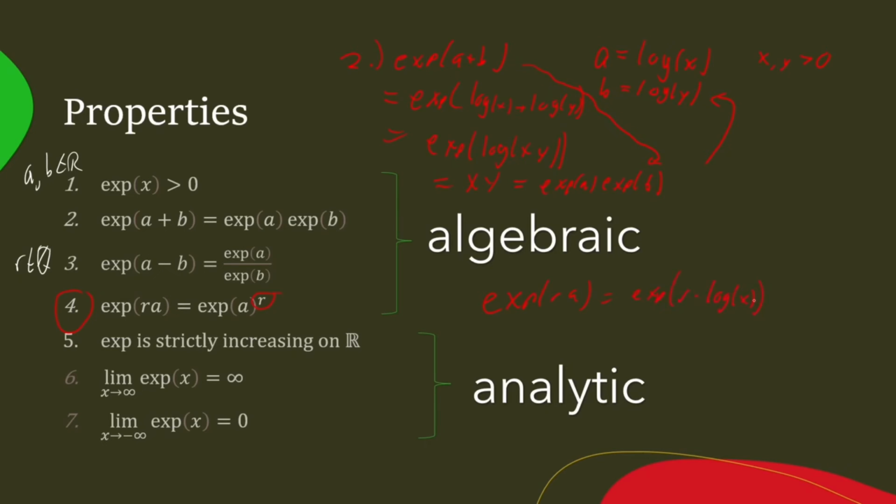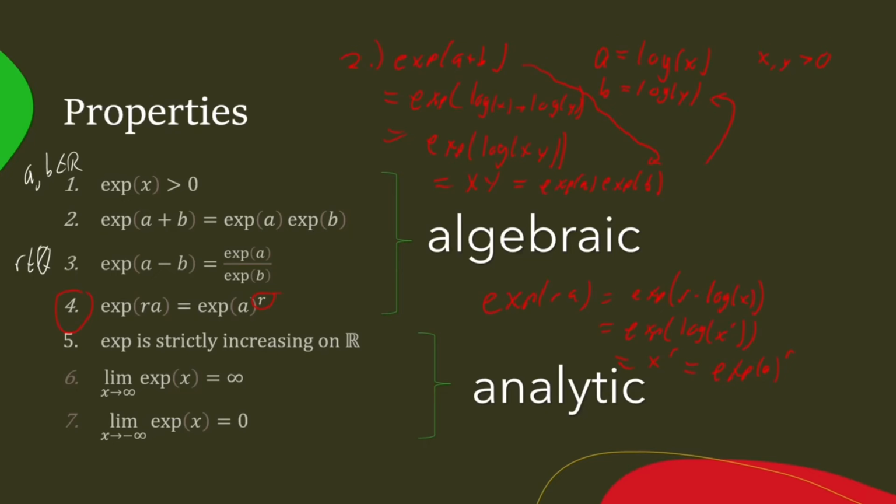And now we just use the logarithm properties that we already know. In particular, for rational exponents, we can take the coefficients and turn them into exponents of the input, just like that. So we have log of x to the r. And again, exp and log undo each other, and so we're just left with x to the power r, and x can otherwise be written as exp of a. So we have exp of a to the power r. And so that shows this fourth property is true.